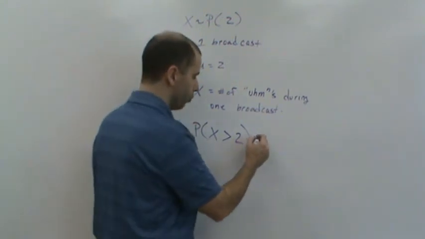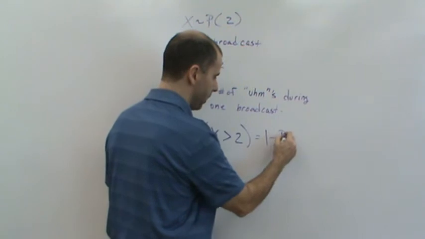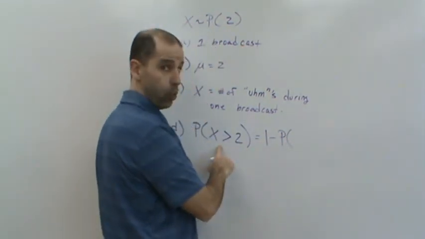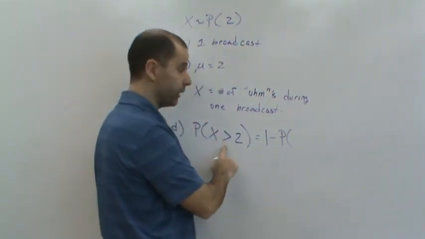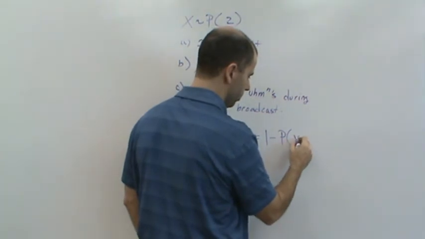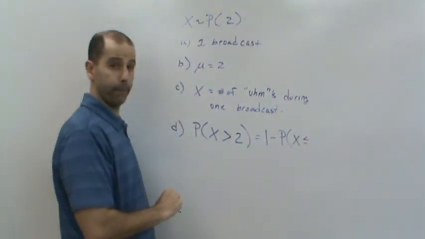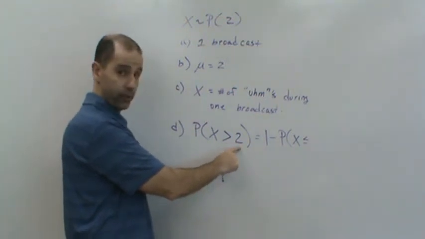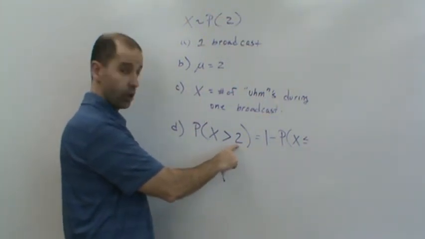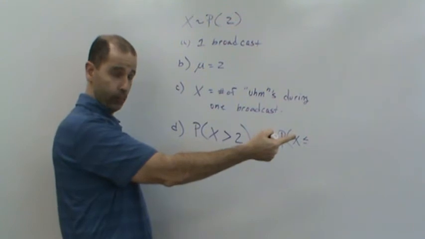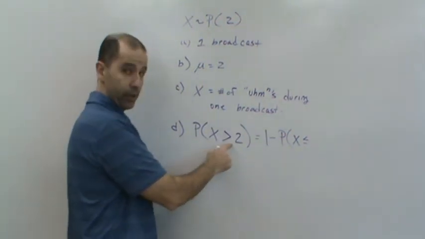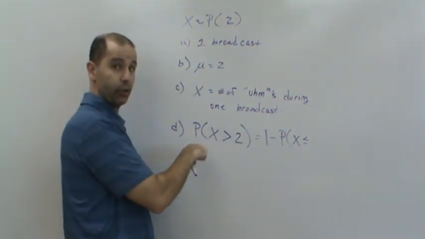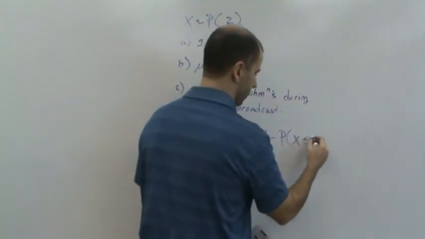And we'd have to write this as 1 minus the probability that X is less than or equal to 2, right? Because this is greater than 2, which means 3 or more. So the complement to greater than 2 has to be less than or equal to 2.